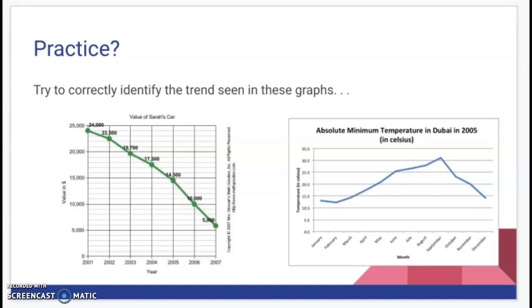So in your own words, I want you to try to quickly identify the trend that you're seeing in each of these graphs. So the first one's looking at the value of Sarah's car. So the value of her car versus the years that she has it for. And what's happening in this data? What is the trend?